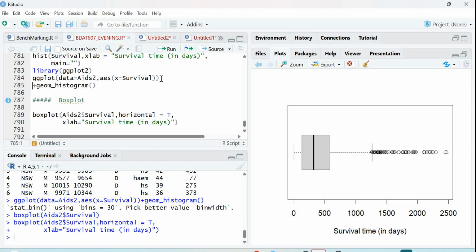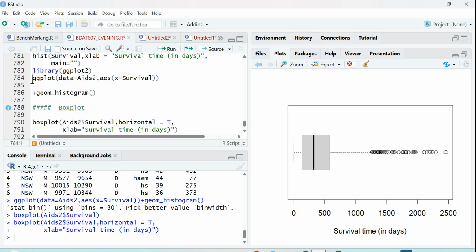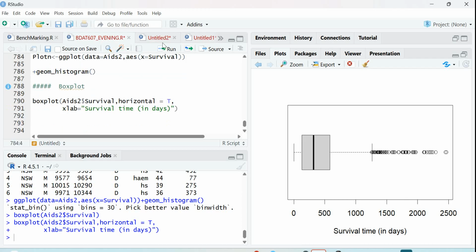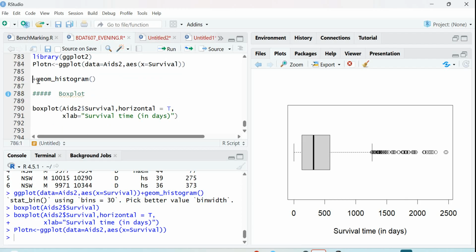One way to do this is that I call it plot n. Then I can do this to get my geom.